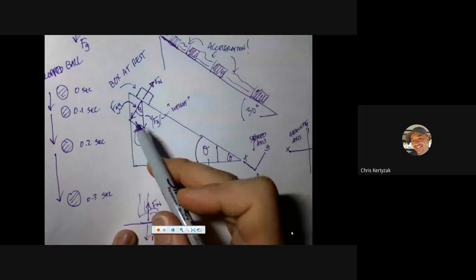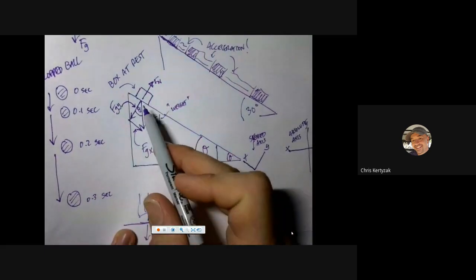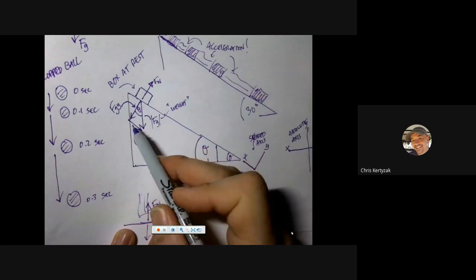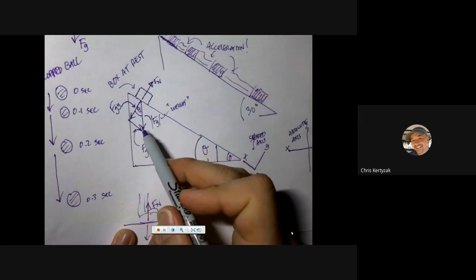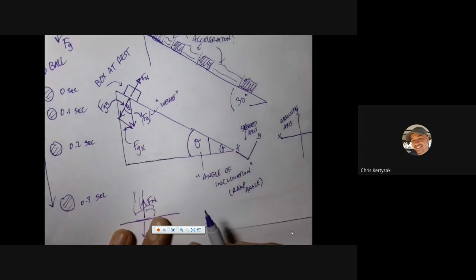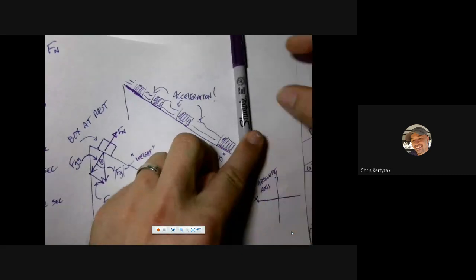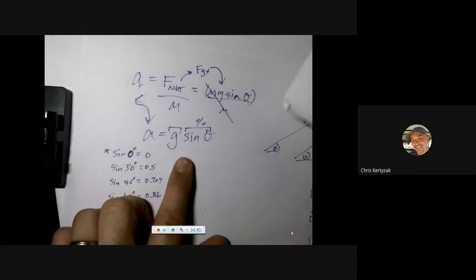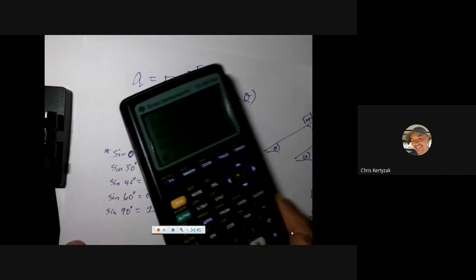Notice that that's not true here. Something less than all of its weight is in the direction of motion, which means the acceleration will be less than 9.8. But if you take this up to 90 degrees and it goes into free fall, well, you can put sine of 90 there. What would you get?